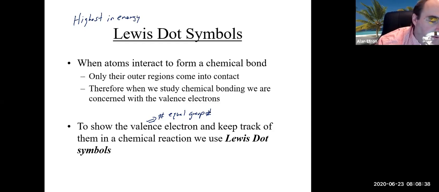Everybody in group 1 has 1 valence electron, everybody in group 2 has 2, and so forth, all the way through group 8. Usually we're talking about the representative elements, 1 through 8. You really won't be drawing anything that involves transition metals, so you don't have to worry about valence electrons in terms of transition metals.